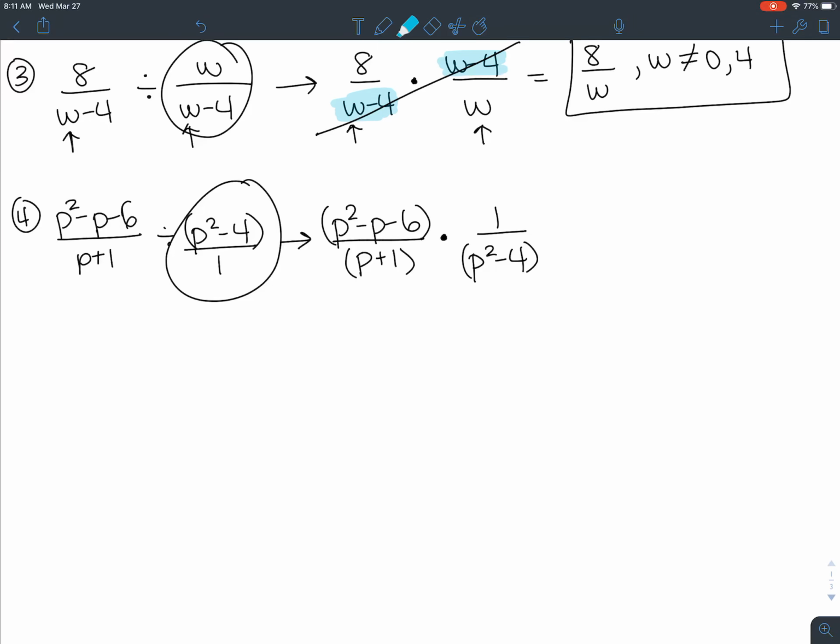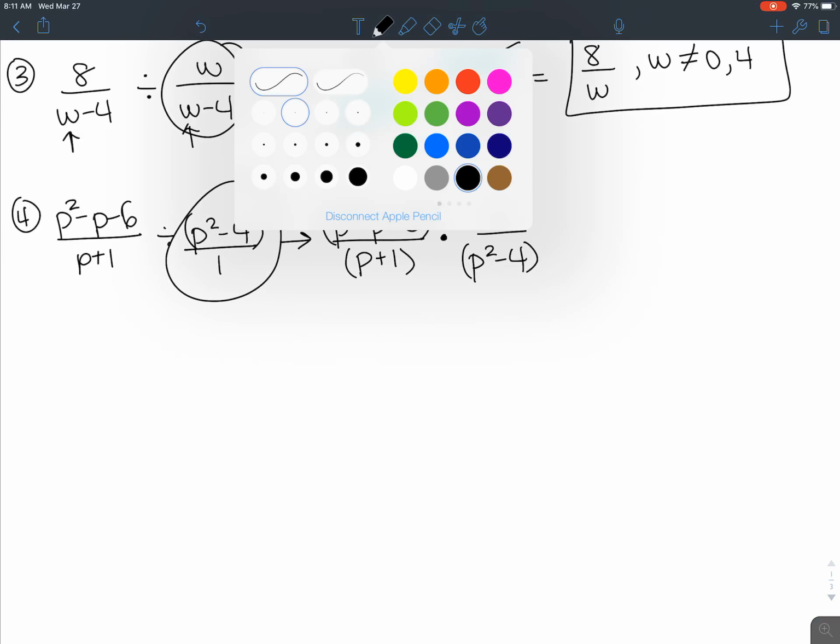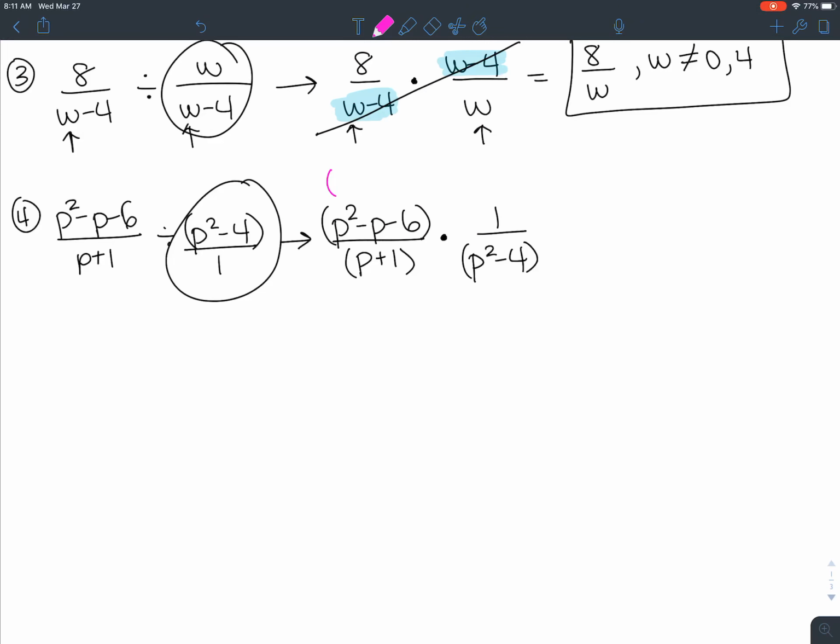But let's see if any of them can factor. So if we change this one to be numbers that add to -1 but multiply to -6 would be -3 and +2. Okay. And then this one can factor.